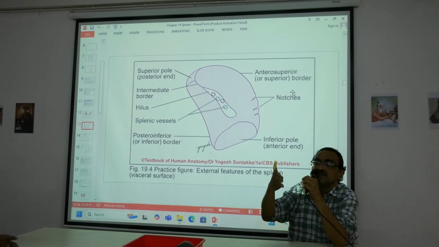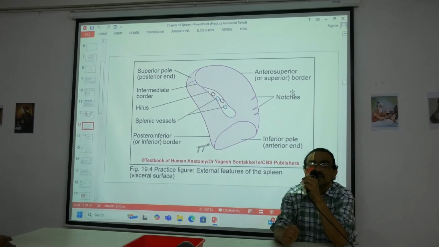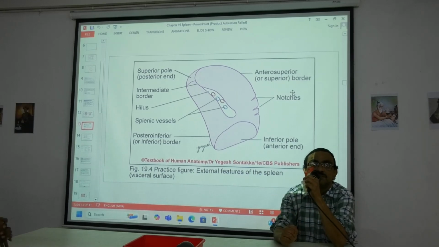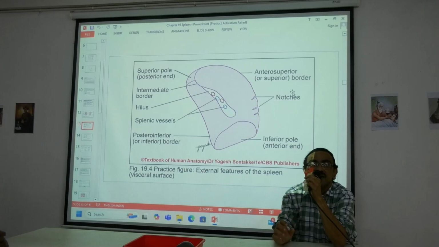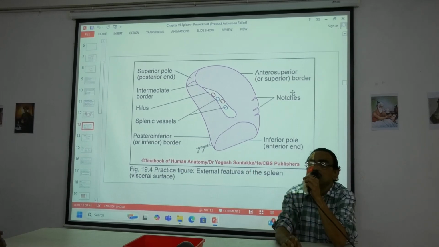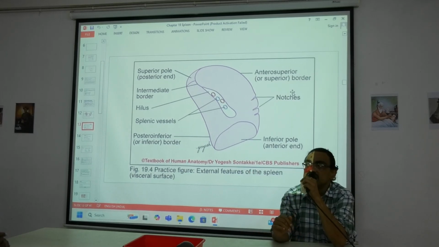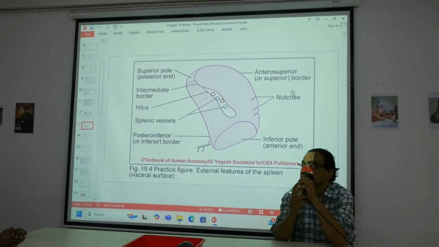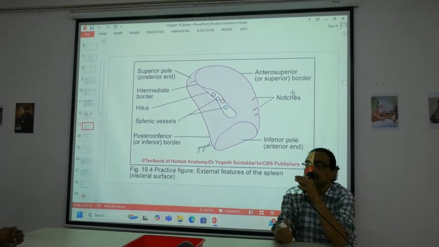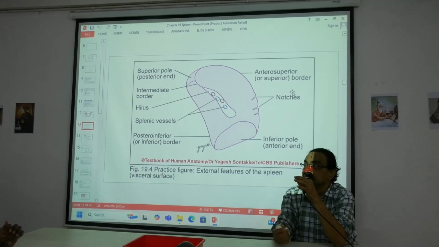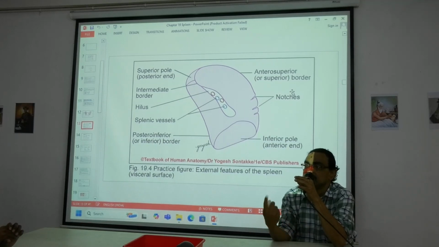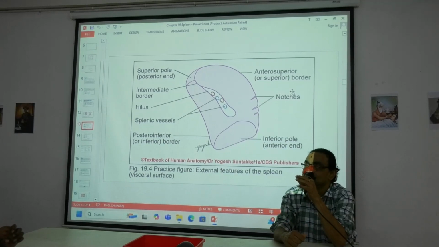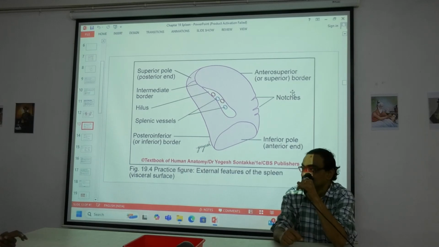Within the hilum, it divides into 4 to 5 segmental branches and supplies the spleen, and from there 4 to 5 segmental veins come and join and rejoin and form the splenic vein, which with the superior mesenteric vein becomes the portal vein.